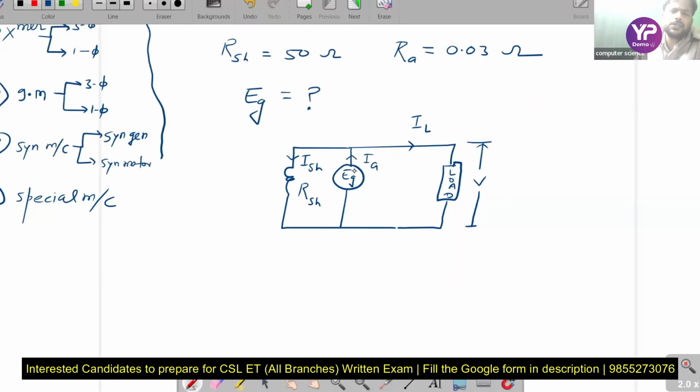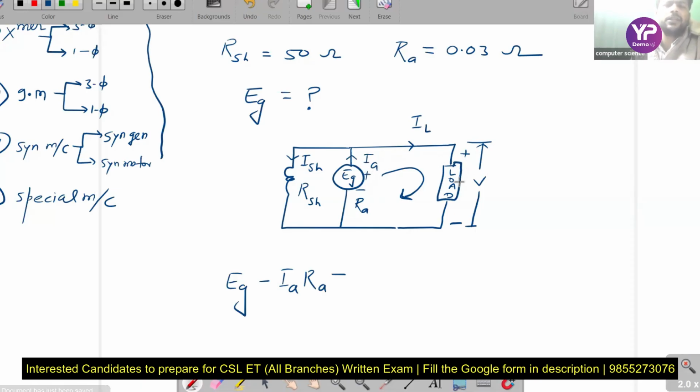To find EG, we apply the KVL equation in this loop. To write the KVL equation, we can use either the initial polarity or the final polarity of the elements. Here we take the final polarity.